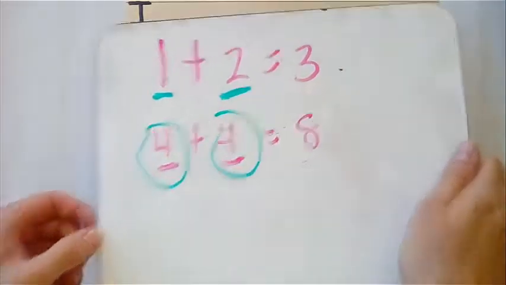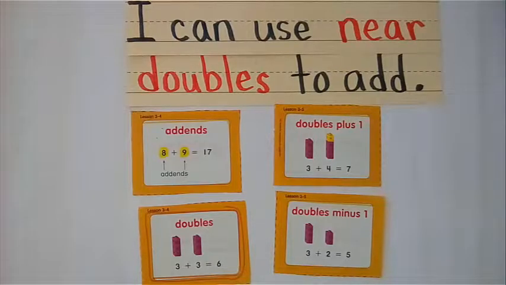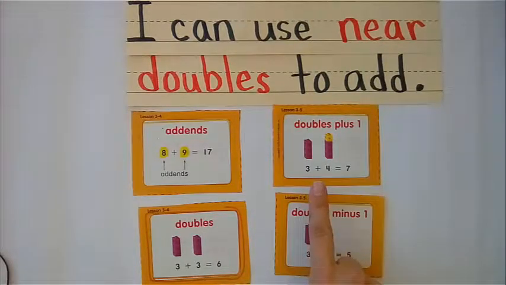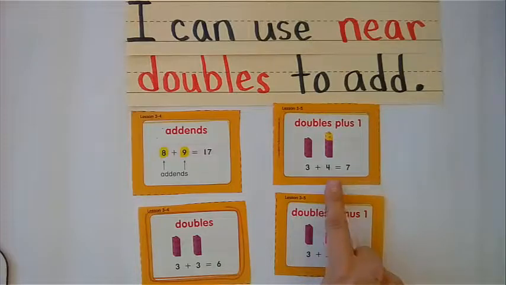Okay, so now today I'm going to be showing you a new strategy to add using doubles or near doubles. So a near double is when you have a number sentence like 3 plus 4.